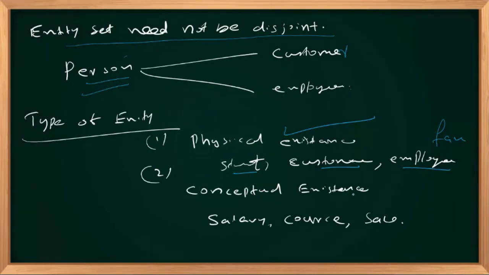What is a conceptual entity? A conceptual entity cannot be seen. Examples are salary, course, sale, account. We cannot see this type of entity; it is the conceptual existence of an entity.